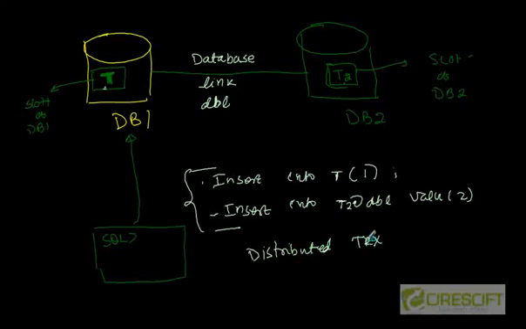Now after I do the insert into T and the insert into T2@dbl, if I do a commit here, it is the same type of commit that you do if your transaction is happening in a single database, and it will make sure that all these things are done. But this commit is a little bit different from the commit that we do in a single DB.